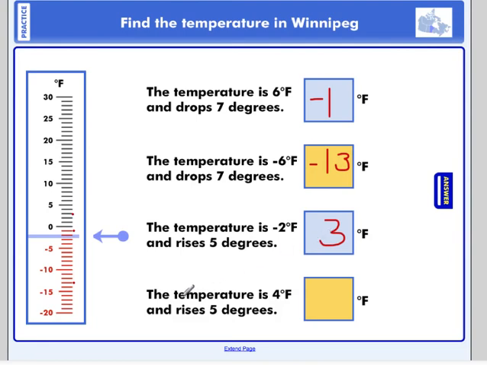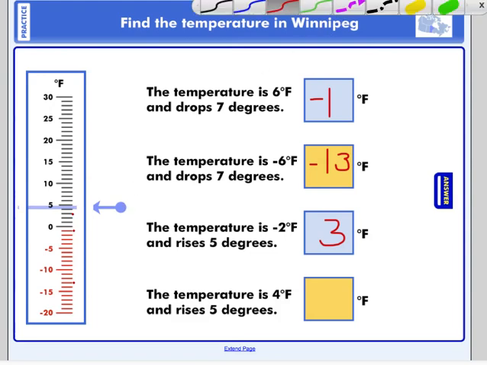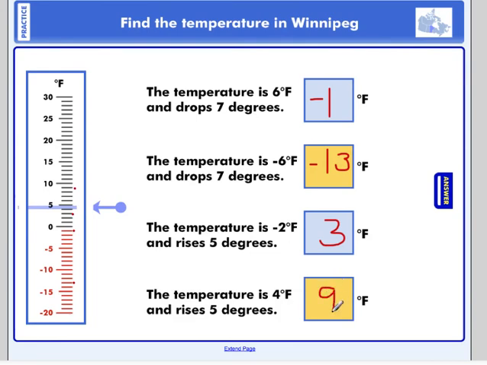And the last one, the temperature is 4 degrees Fahrenheit. We're starting here. And rises 5 degrees. 1, 2, 3, 4, 5. So we're ending up right there. 4 plus 5, 9. Okay, how did you do? If you're finding the solutions to these problems, you're doing a great job working with positive and negative integers.